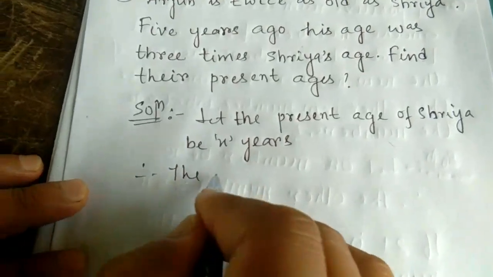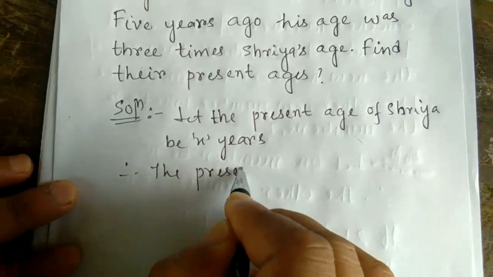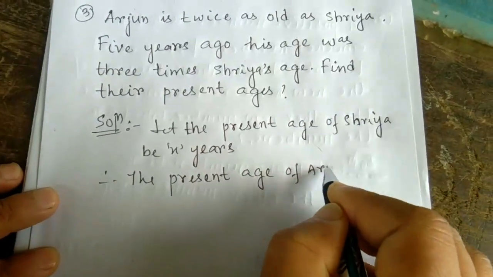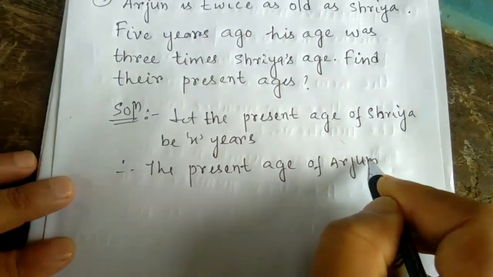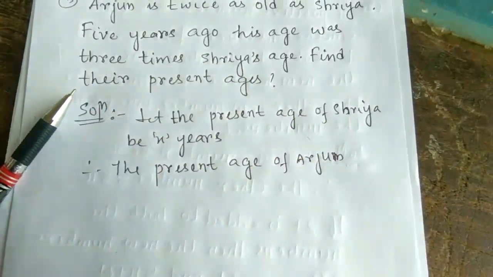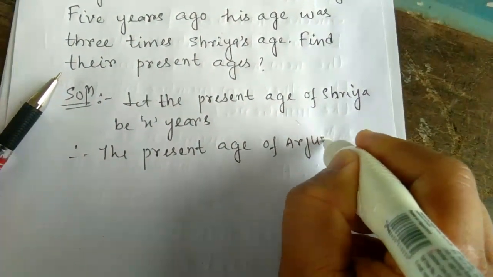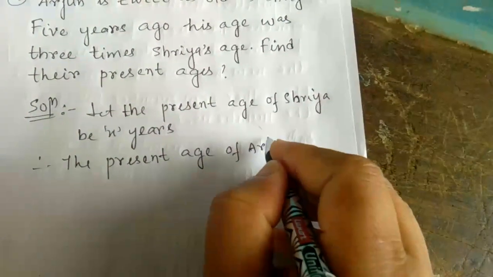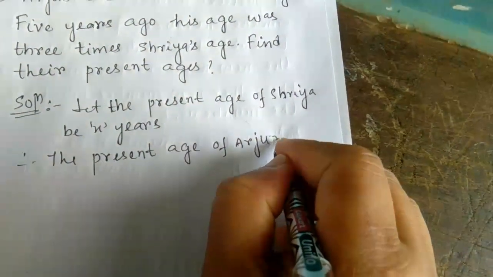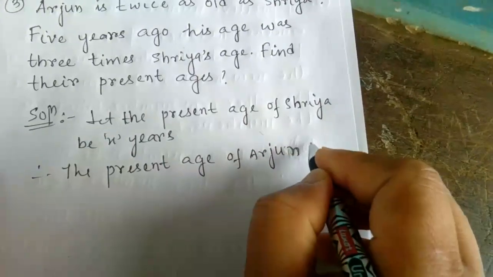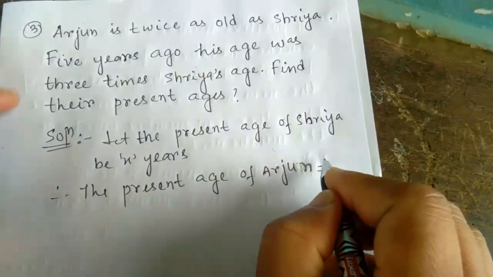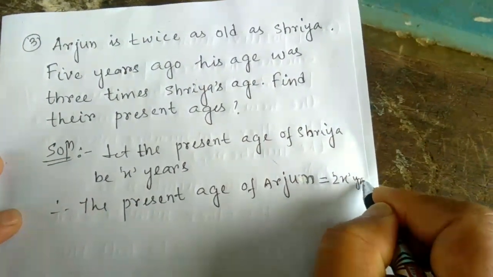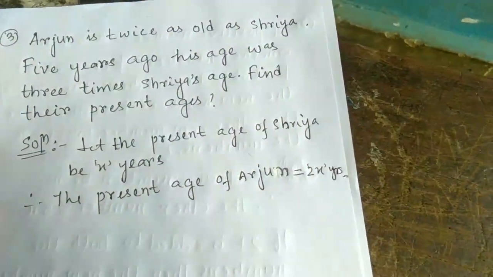Therefore the present age of Arjun, let the present age of Arjun equal to, Arjun is twice as old as given, so 2x, twice x years. Okay, twice x years.